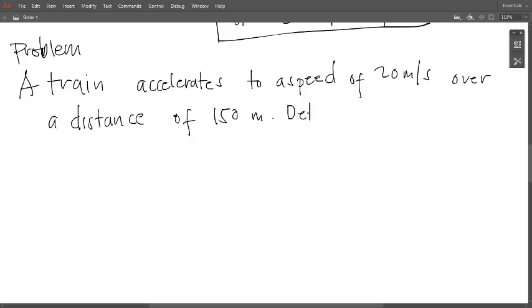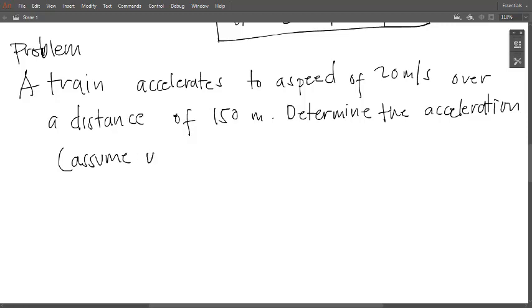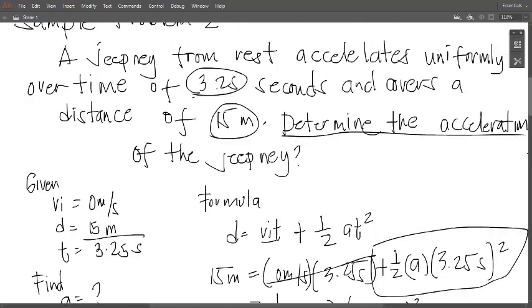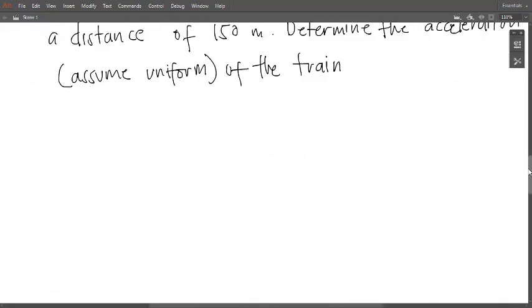You have to determine the acceleration of the train, assuming it is uniform.